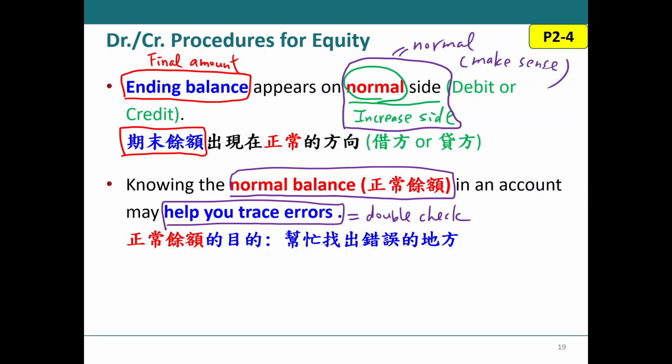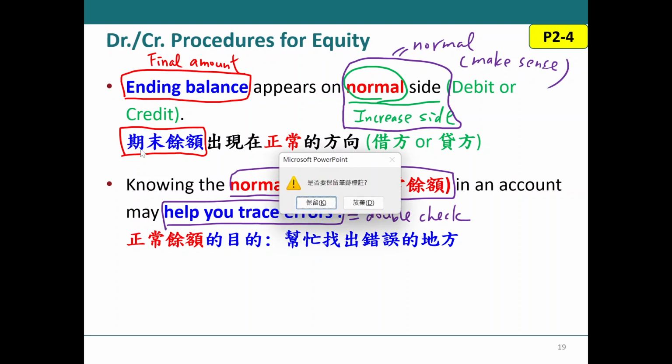Okay? Any questions? If you don't have any questions, please go to your note on page 9. Please double check whether your balance is correct or not, whether your balance is normal or abnormal. Okay?